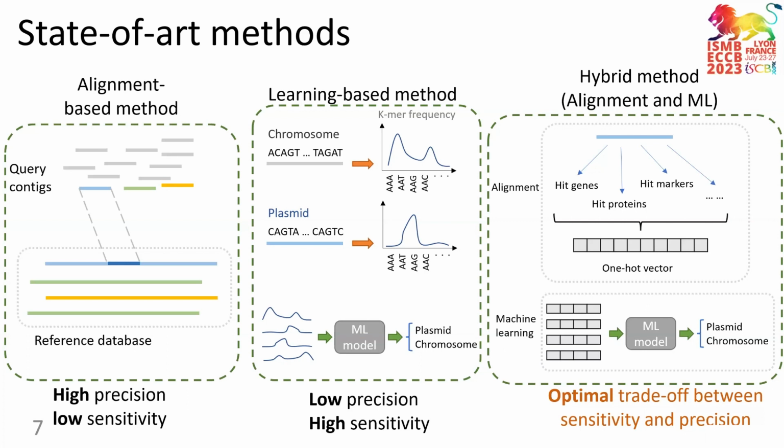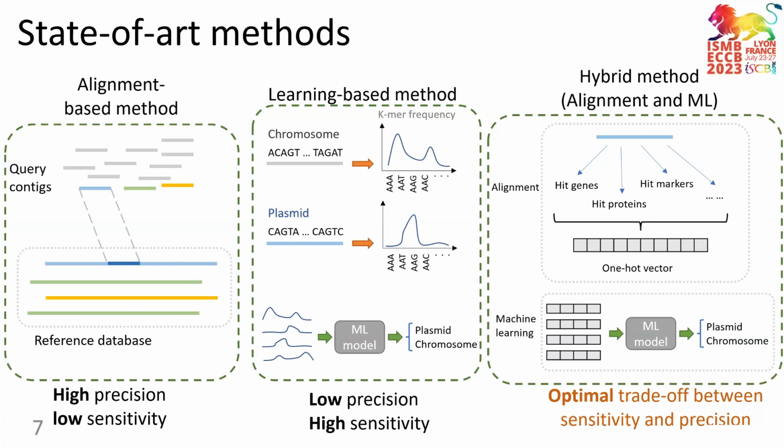They count, for example, the k-mer frequency, and use this k-mer frequency as a feature vector to train their machine learning models to distinguish plasmids and chromosomes. We found that this type of method has low precision but high sensitivity.